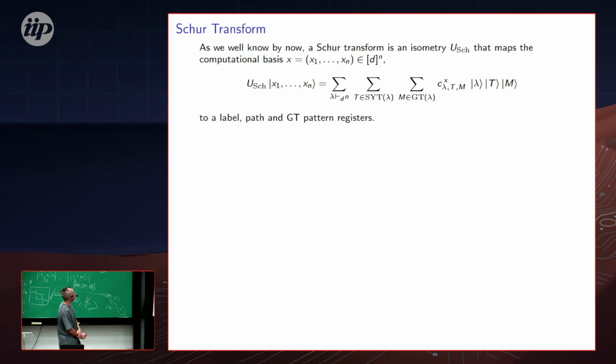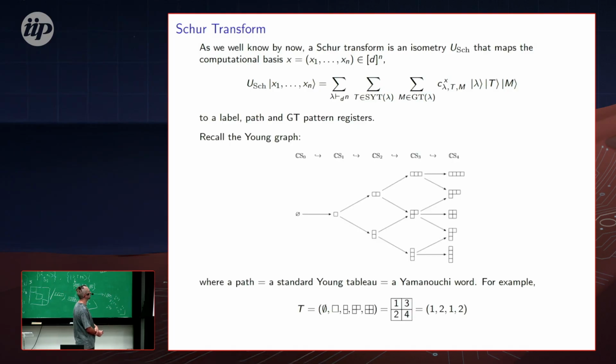So we said it many times. We want to do this isometry. I even drew this here. There's a Young graph, and the path is given by these standard tableaux where you put numbers in a certain way, but you can also use Yamanouchi words, which are basically saying on which row I'm going to put the next box.